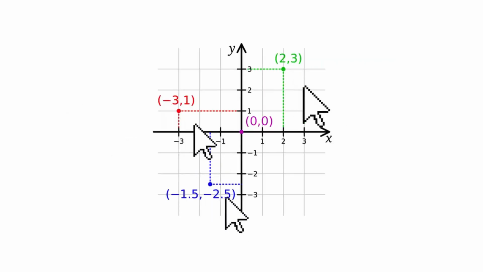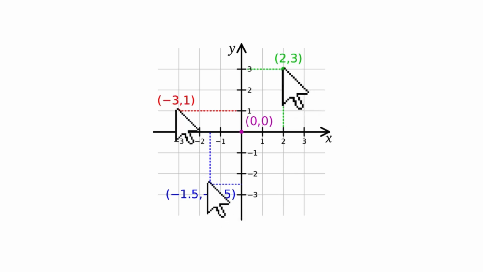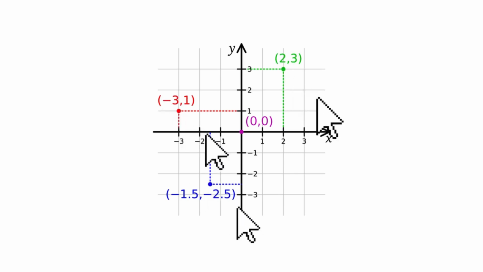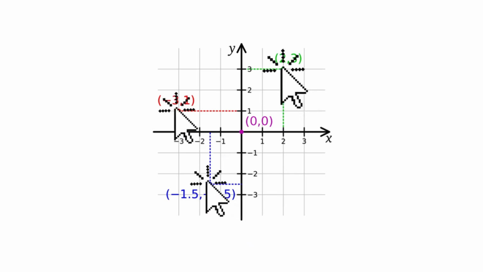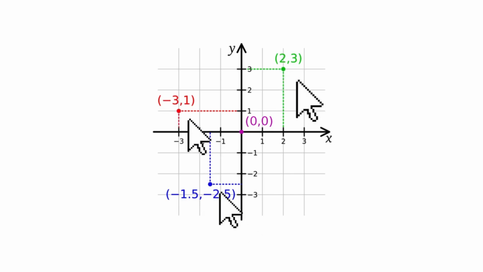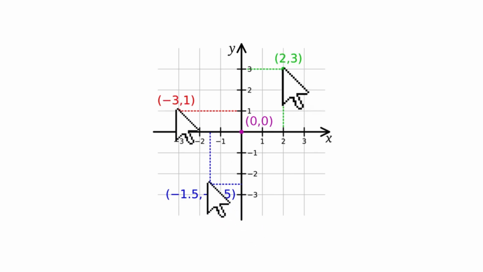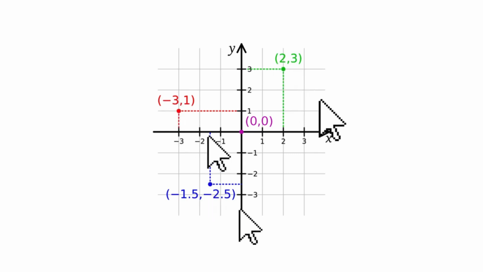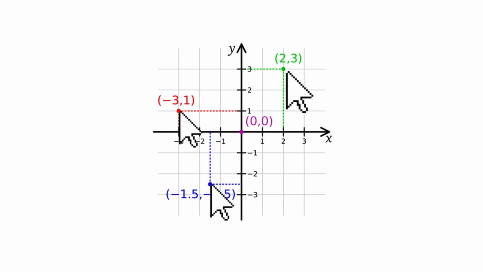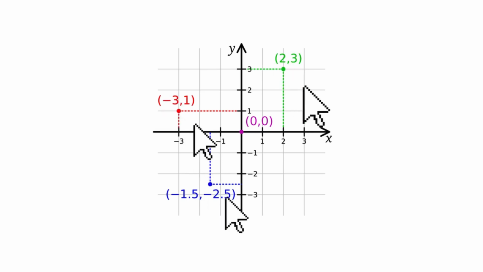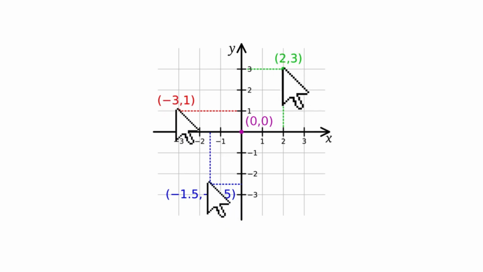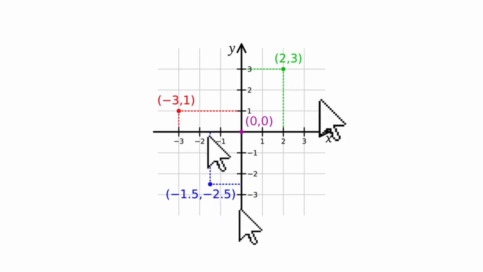So Cartesian coordinate now, and the reason why I put Cartesian there is that we have coordinate, a joining of two numbers, now representing two numbers that are joined together in a Cartesian form. And Cartesian is simply graph. So in short form, Cartesian coordinate means representing points in a graph.